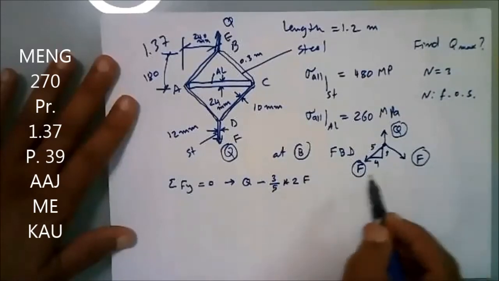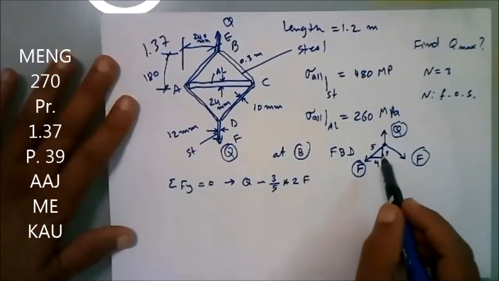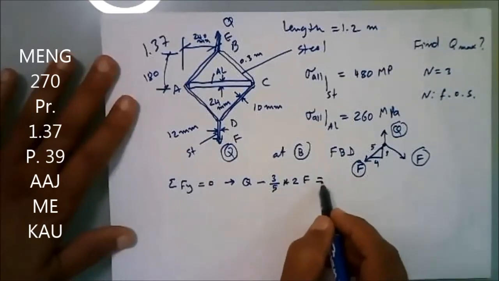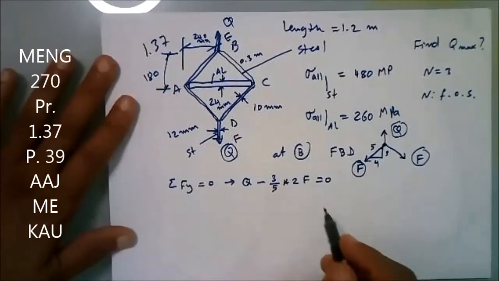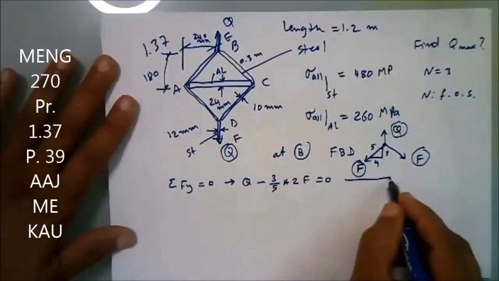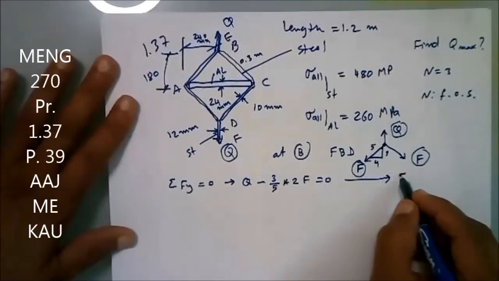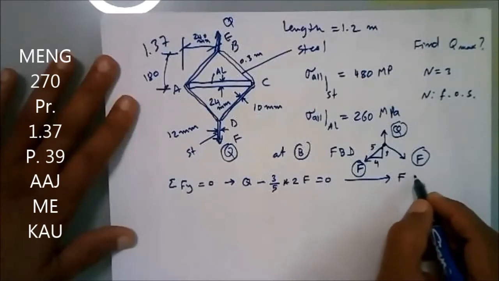And then we have one force. Why 3/5? Because this is a component in the y-axis, equal to 0.